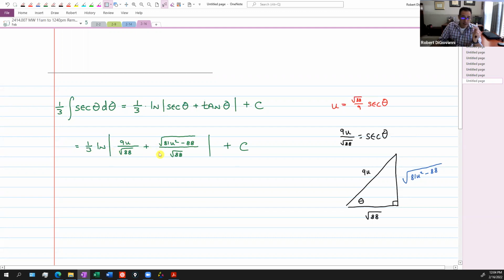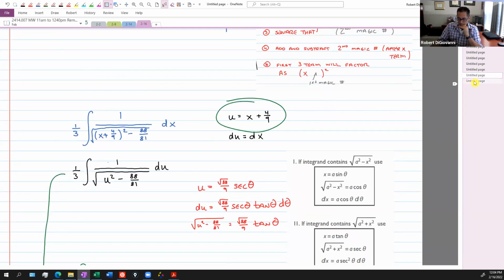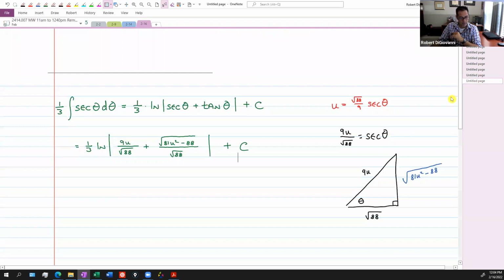And then we have to go back and replace u with what u was. U was x plus 4/9. So I'm just going to write that out. 1/3 natural log.